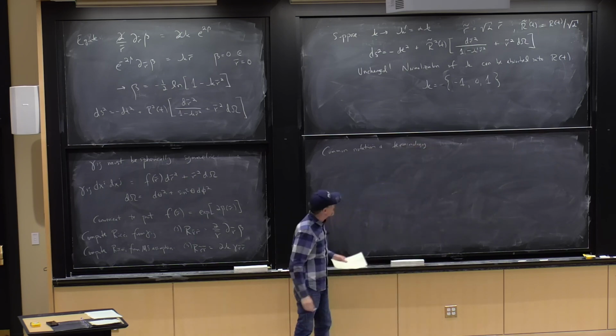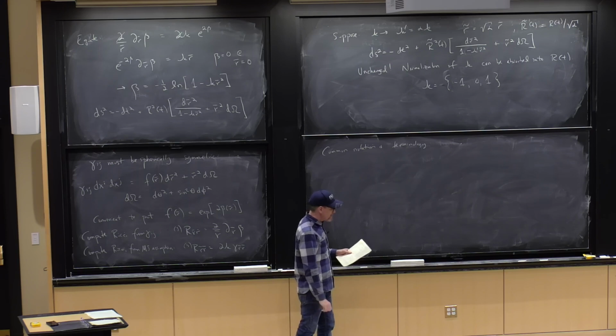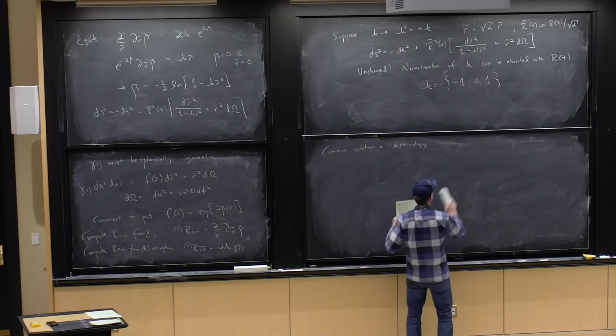So here's some common notation and terminology. Let us define a radial coordinate chi.